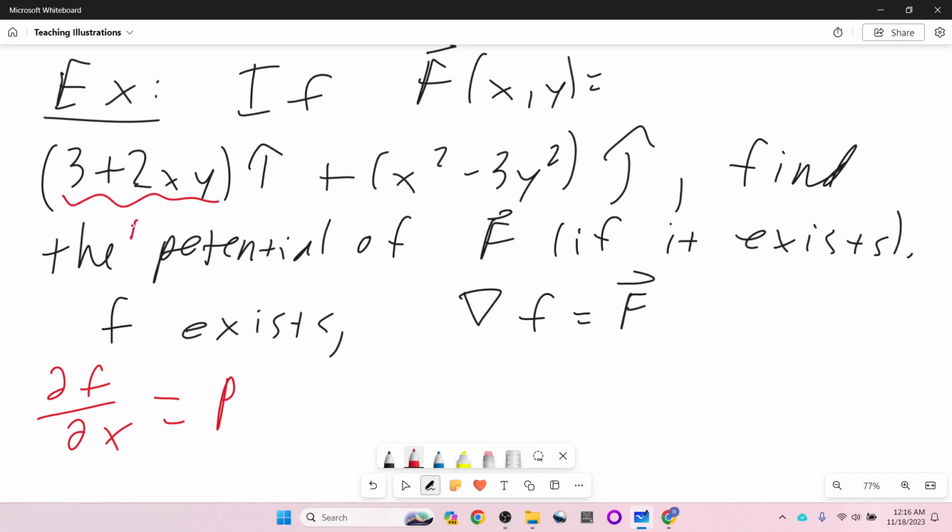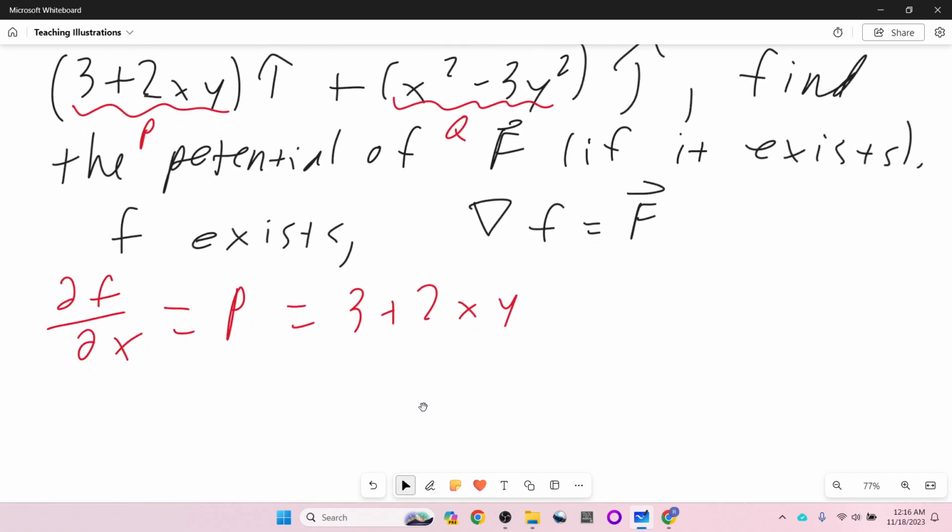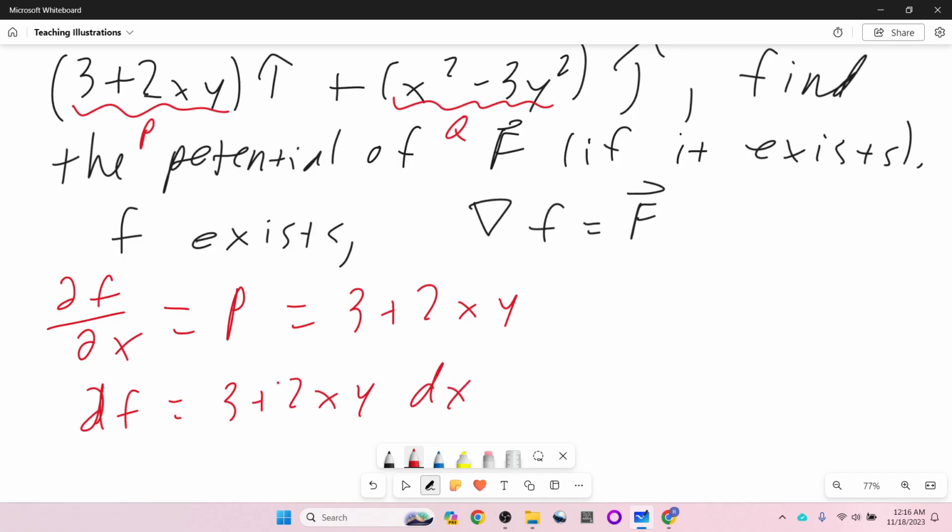And this is p, this is q. So that means 3 plus 2xy. So we can do an integral to work out what f is from this. So this is the same as saying df, or del f, is 3 plus 2xy dx.